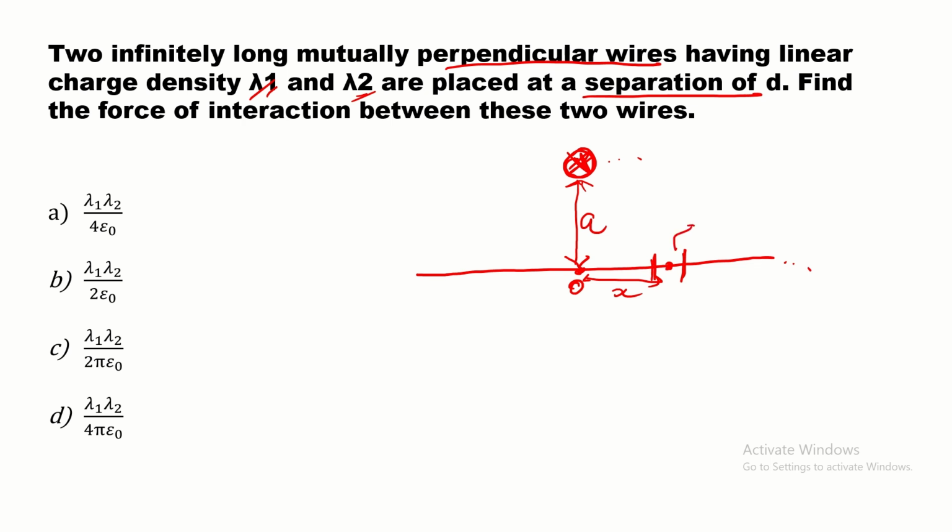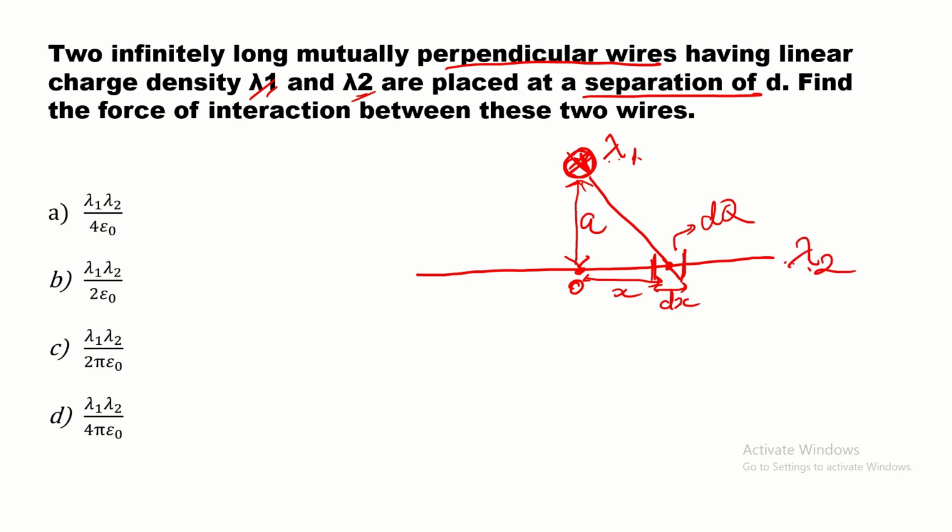Then the charge of the element would be dq and its length is dx. So there will be a force due to the wire, and let's say this wire has lambda 1 and this wire has lambda 2 charge density.